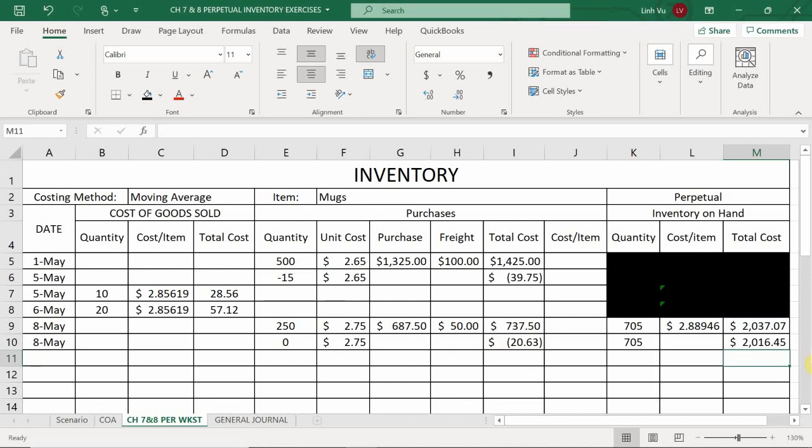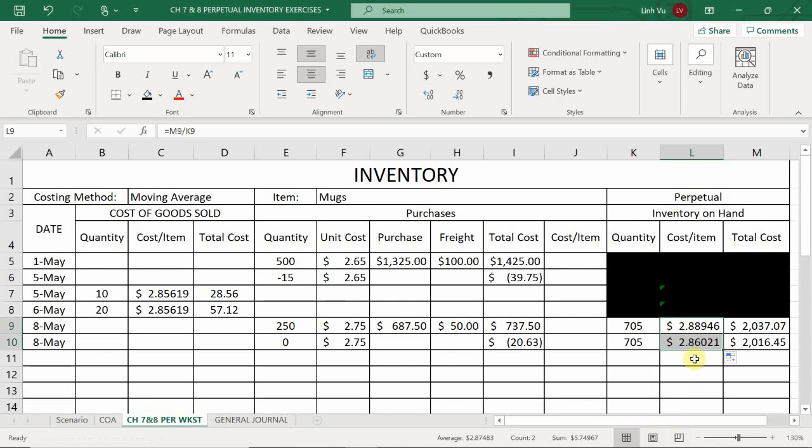Now I need to recalculate my average cost per item because now I have a new total cost, but my quantity stayed the same. So that means I have this amount that I need to spread across evenly among 705 items. So what is my new average cost per item? 2.86019.